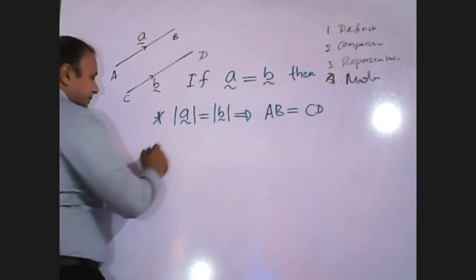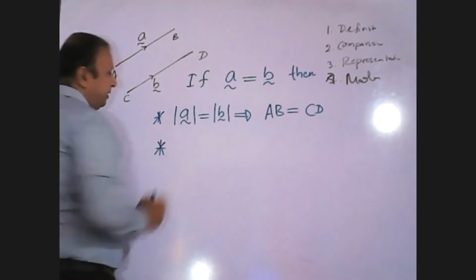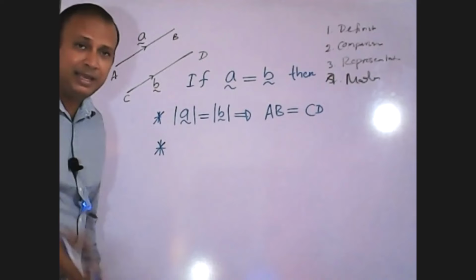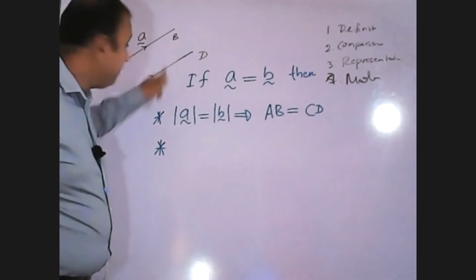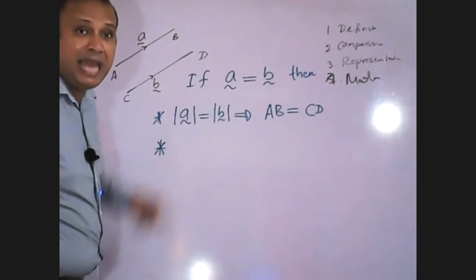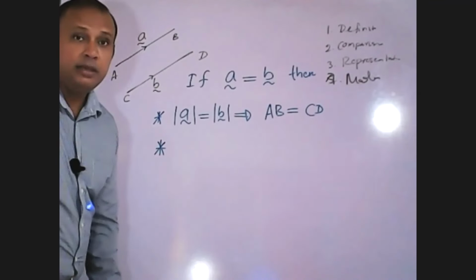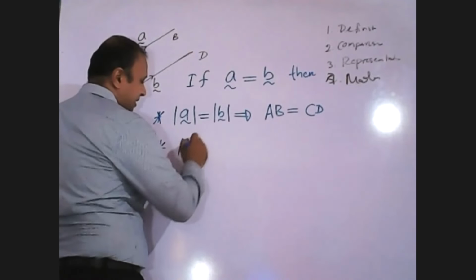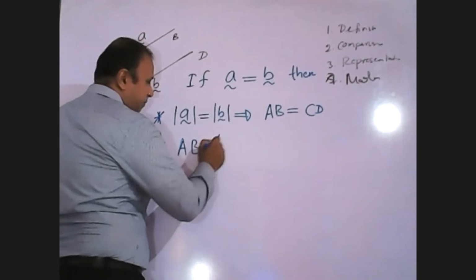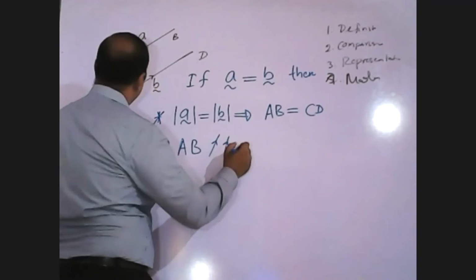That's the first feature. The second thing, the directions are equal. Therefore, the AB line segment should be parallel to the CD line segment.